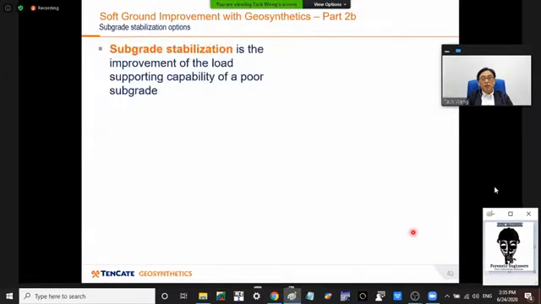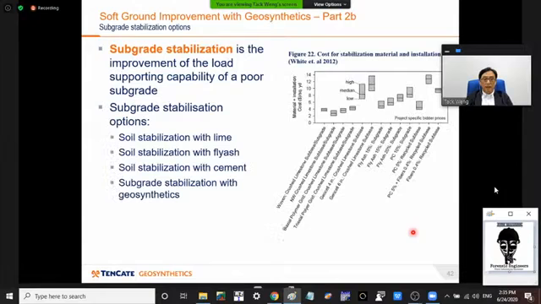Subgrade stabilization is the improvement of the load supporting capability of a poor subgrade. And there are traditionally a few methods of subgrade stabilization, say for example, mixing with lime, fly ash, and cement. And also more recently, subgrade stabilization with geosynthetics.